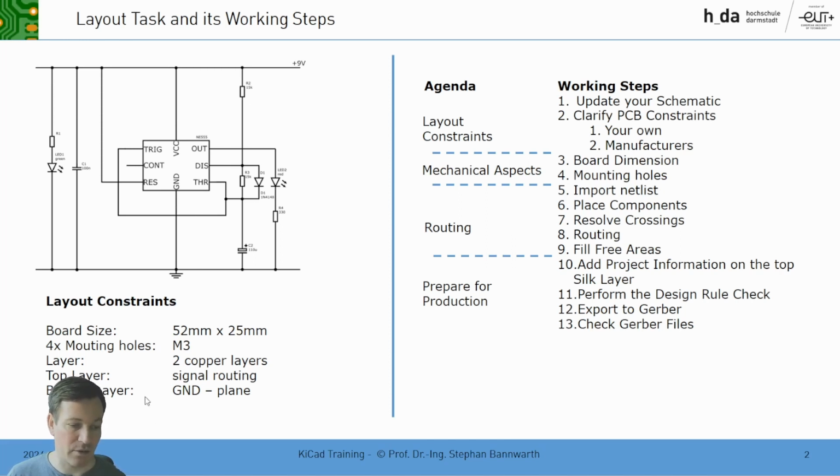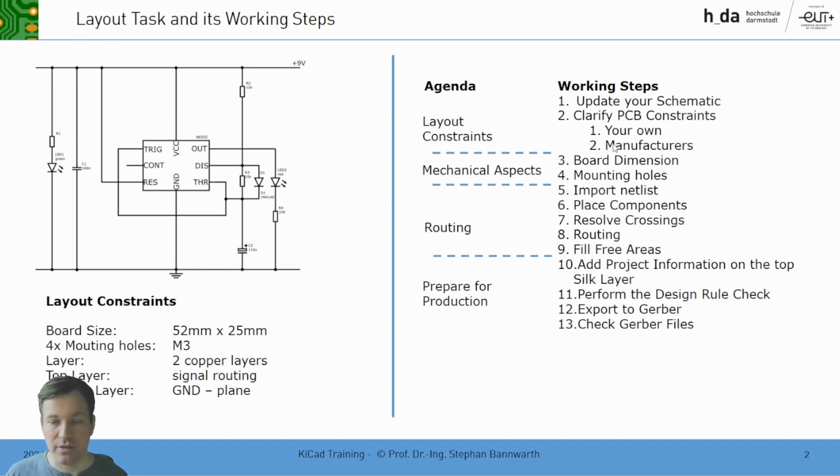And we can assign to the top layer, in our case, a signal routing, and to the bottom layer, the ground plane. So these are the layout constraints that's coming from our side, maybe depending on which case you are going to use or where you want to fix your board.